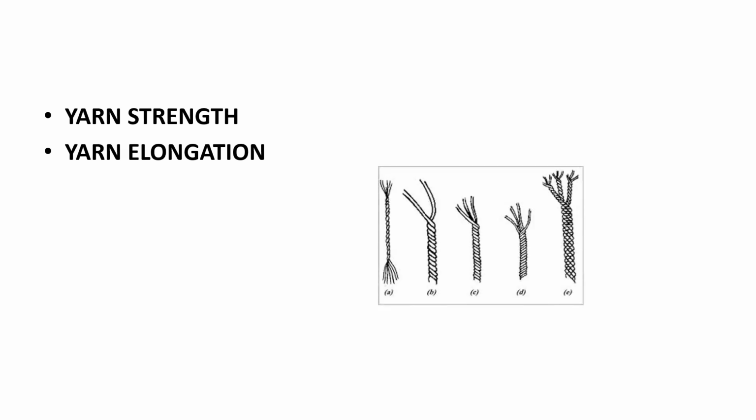Apart from that, when you are talking about the sewing thread, there are parameters like yarn strength and yarn elongation. Now what do you mean by yarn strength and yarn elongation, students? Can you tell? It is very simple to understand: yarn strength means the breaking strength of the yarn.